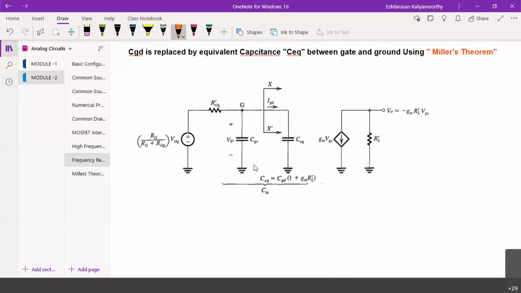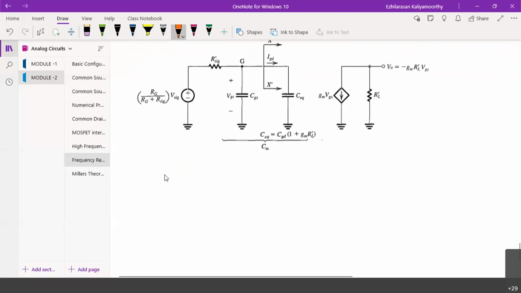From this I can say the input capacitance is equal to CGS plus C equivalent. Consider this as expression number 11.